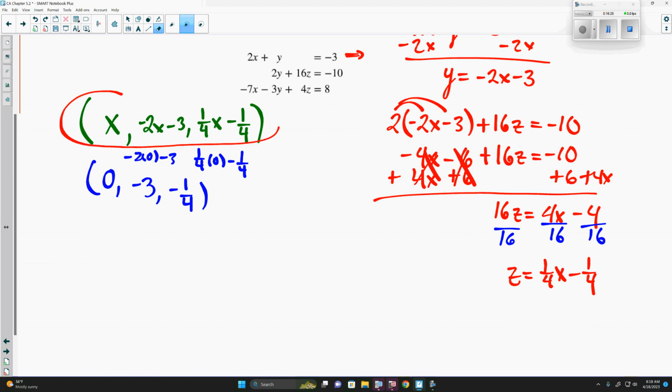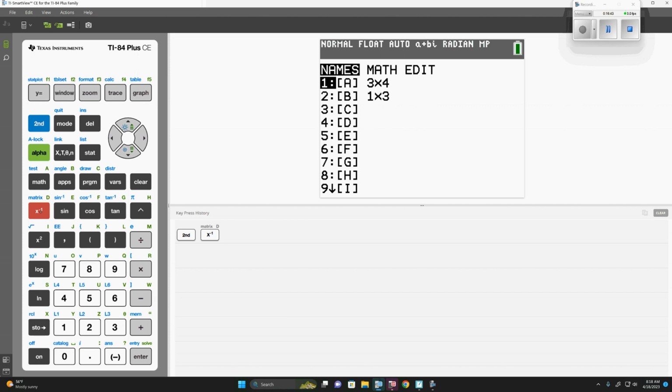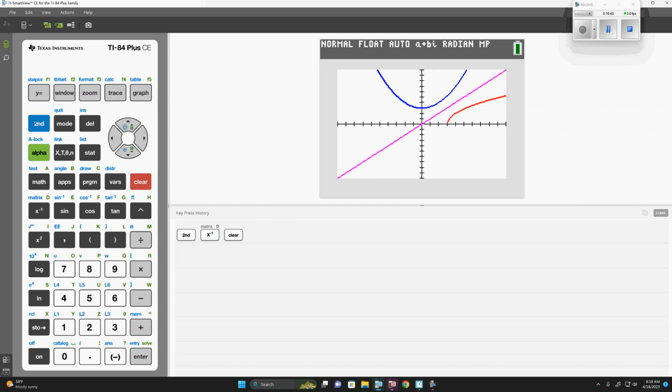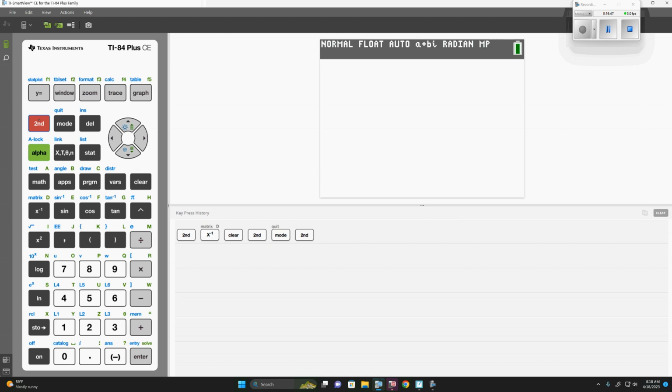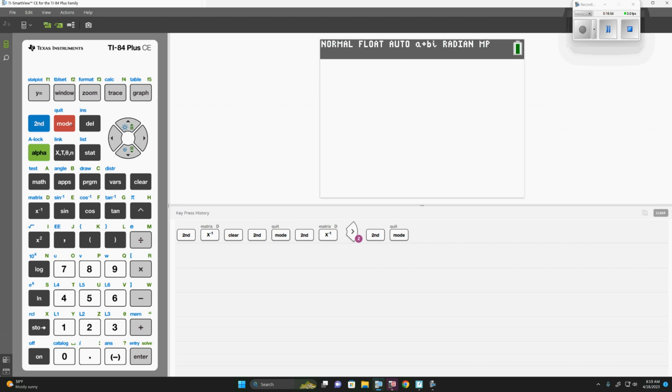So this here is one way that we can actually represent the solution of all real numbers. Okay. Now, in the calculator, we can go through and set up a matrix and do this, and we'll go over that, especially when we get to matrices on how to do that.